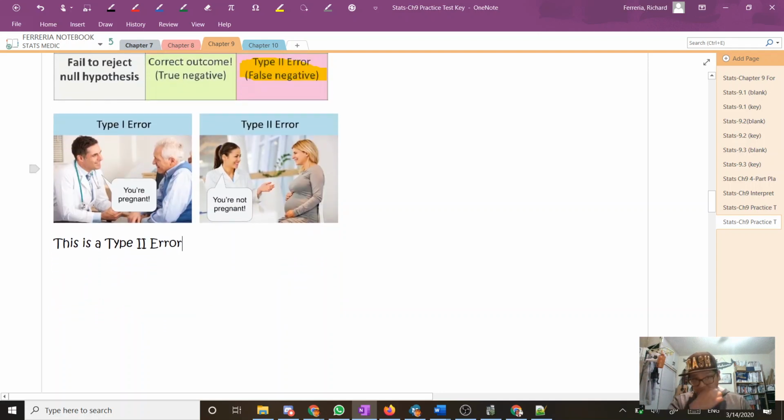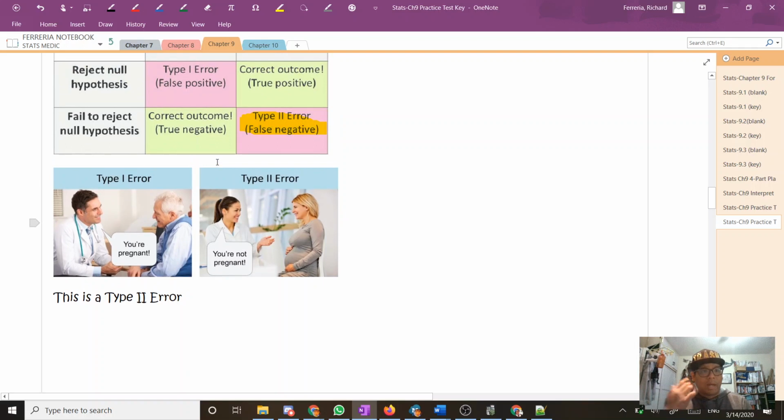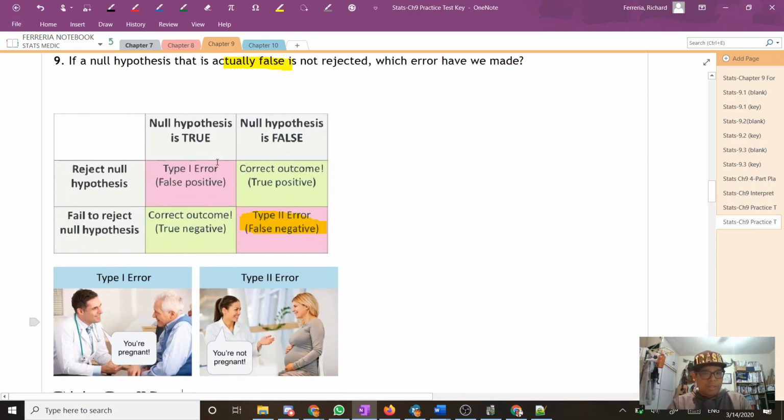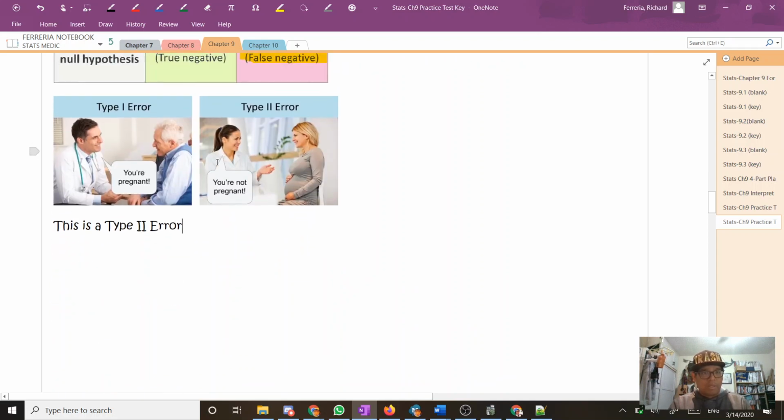Type 2 error is when we fail to reject the null hypothesis, but the null hypothesis is actually false. So there you go. This is a type 2 error.